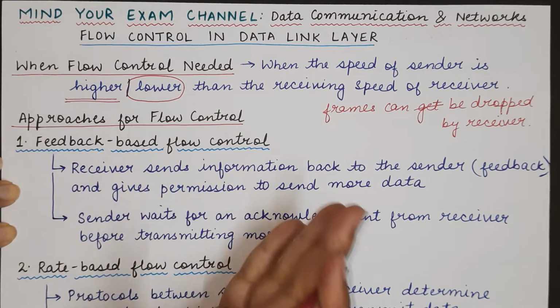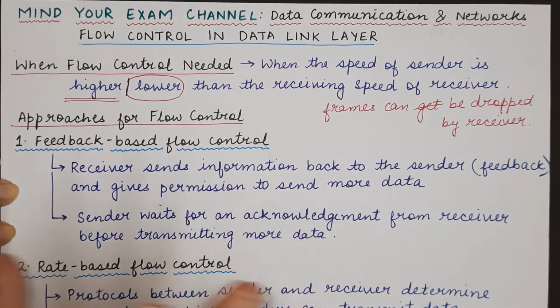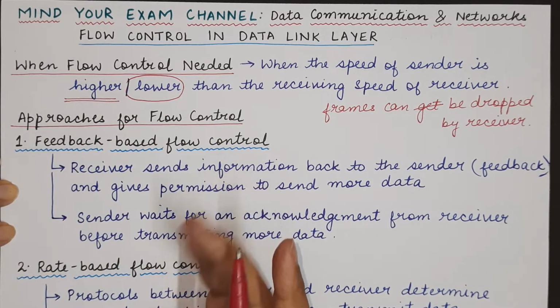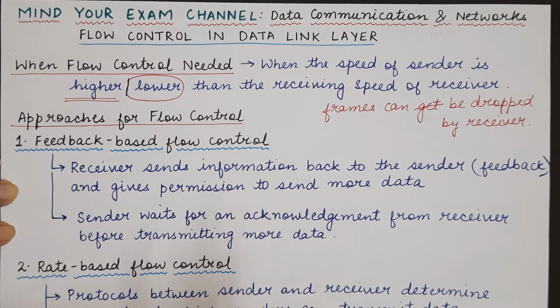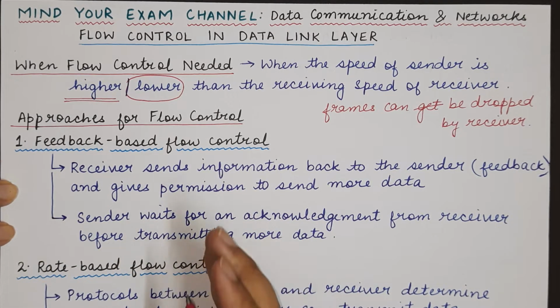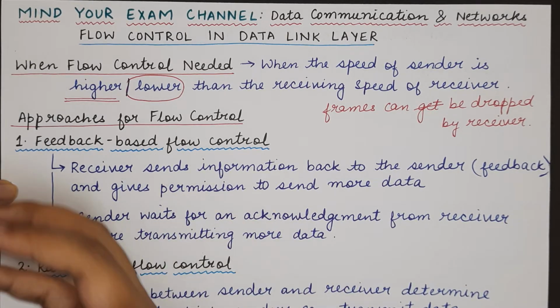If the sender is sending at a pace faster than the receiver, then the receiver will become overwhelmed with data frames and will not be able to process all of them. So it might have to drop certain frames to keep up with the sending speed of the sender.